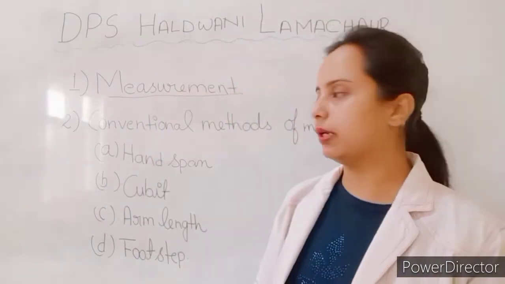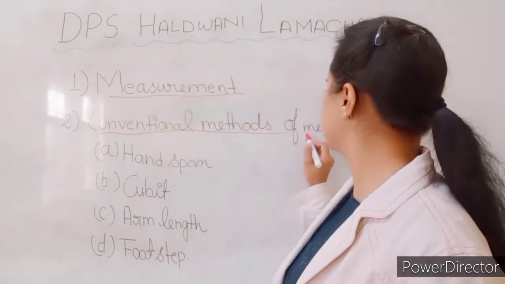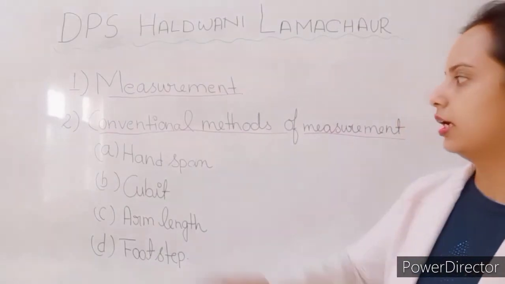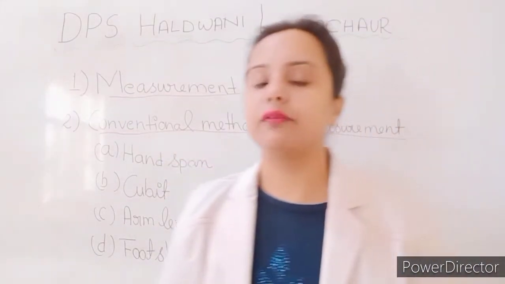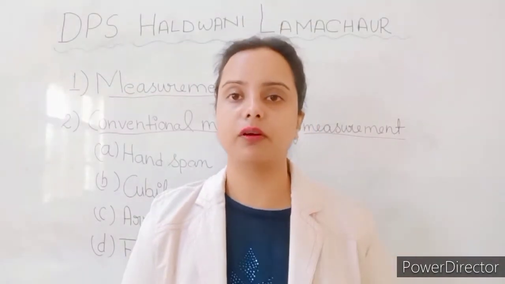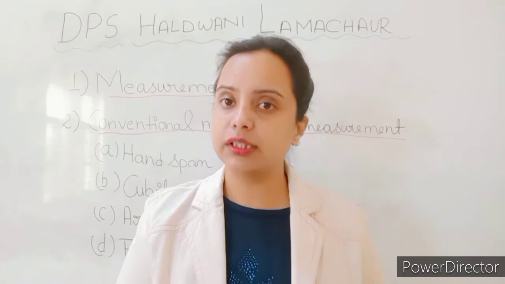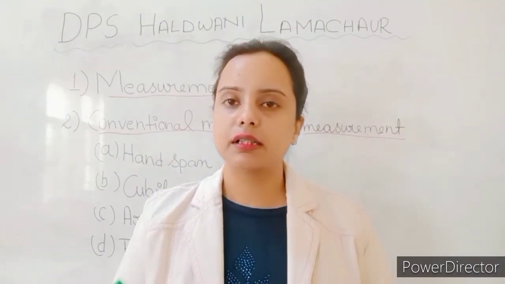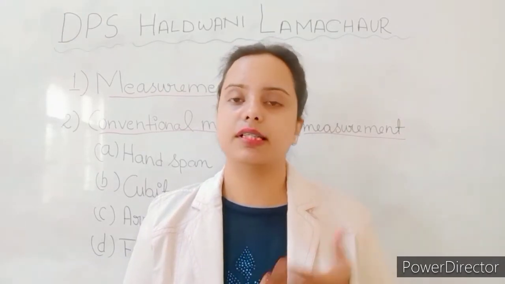Now the second topic is conventional methods of measurement. What are the conventional methods of measurement? In ancient times, people used to measure length with the help of their hand.